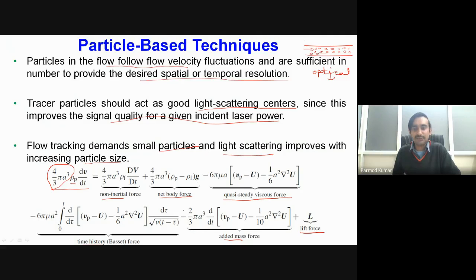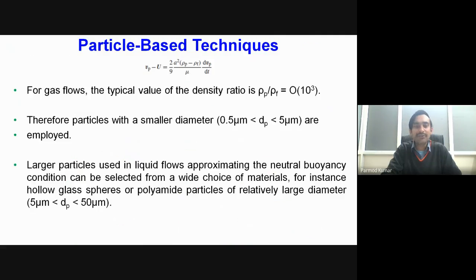So the majority of these forces will be negligible, and fewer forces will come into picture. Because of that, we get a simplified relationship between the particle velocity and the fluid flow velocity.